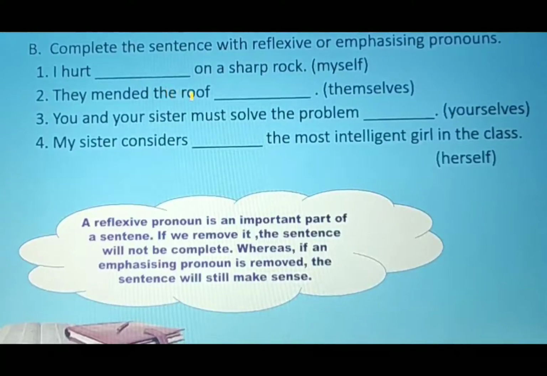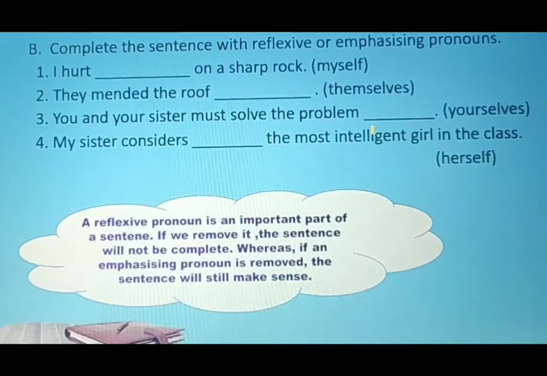But if you look at the second example, they mended the roof themselves. If we remove the emphasizing pronoun themselves, the sentence will still make sense. They mended the roof. It is a complete sentence. The meaning is clear here, right? Even if we remove it, the sentence will make sense. You and your sister must solve the problem yourselves.